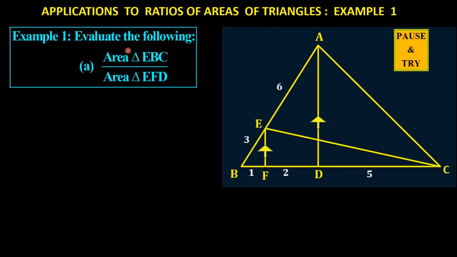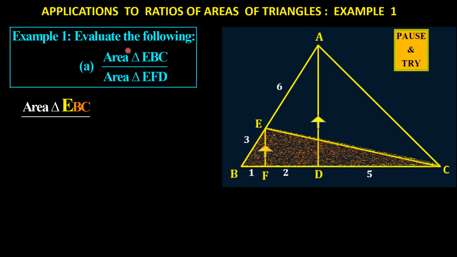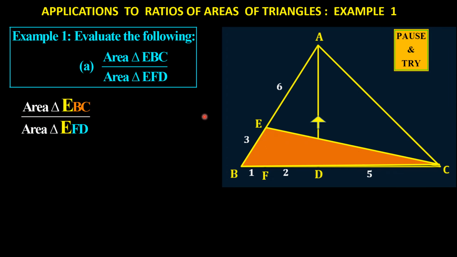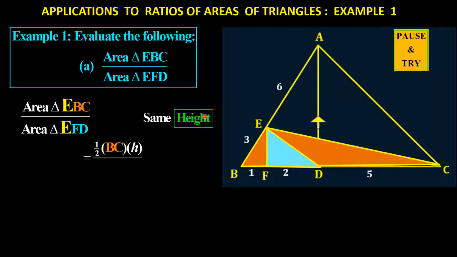So let's see the first one, area of triangle EBC. There's EBC. And I now look at EFD, and when you compare them, we see that they have the same height.